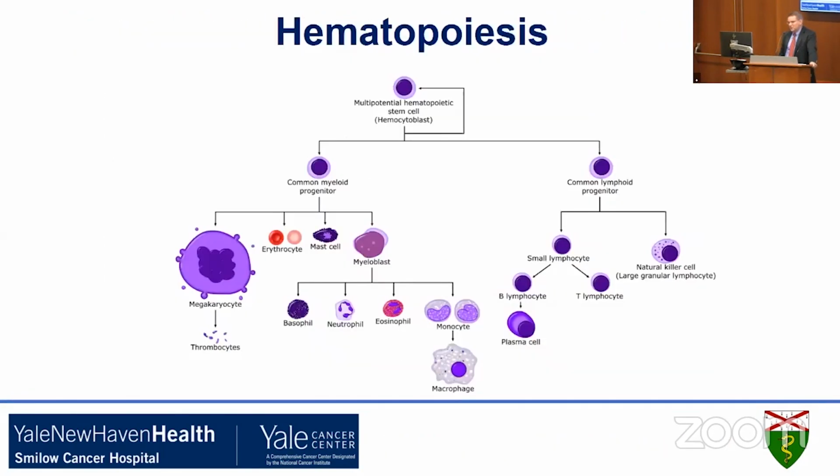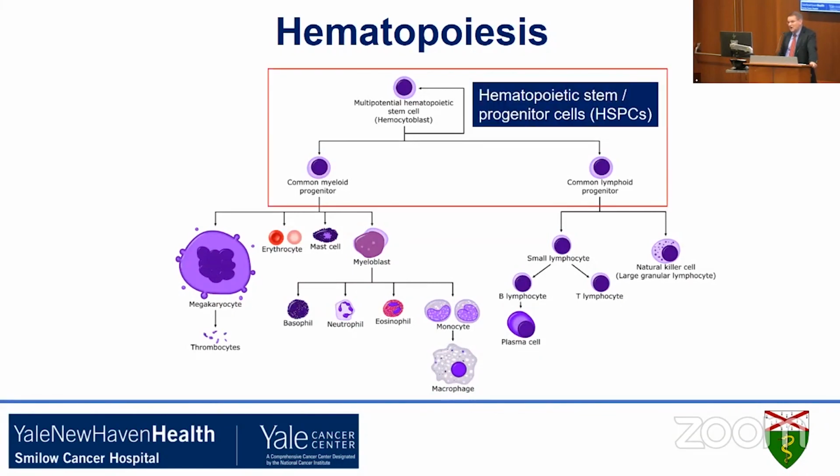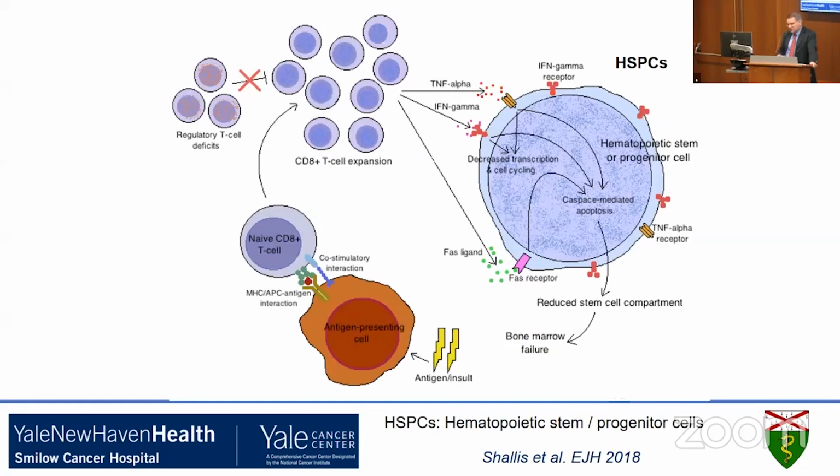So this is the schema of hematopoiesis. The cells which are usually damaged by the immune system are in this red square on top, and they're called hematopoietic stem cells, progenitor cells. This picture shows you in more detail how the immune system can damage hematopoietic stem cells. The brown cell there is an antigen presenting cell. This is the cell which interacts with some antigen. It can be an infection, for example, or the drug.